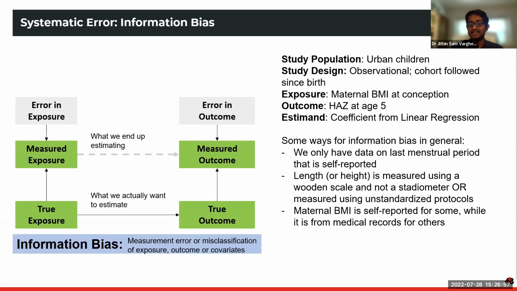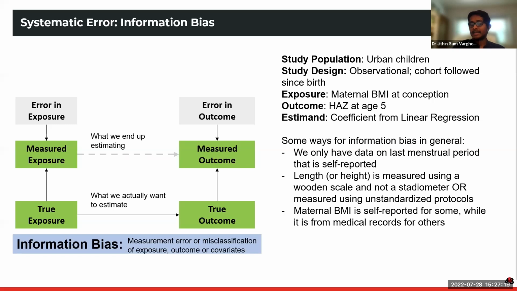An example is, let's say, diet. We all know that diet is very difficult to measure. And so what we end up measuring may be very different from the true association. Some examples of information bias: we have data in our study on last menstrual period that is self-reported. The length or height of the child is measured using a wooden scale and not a stadiometer.